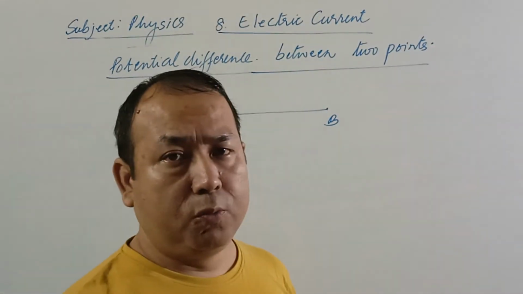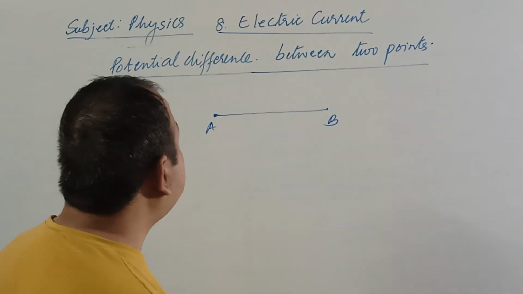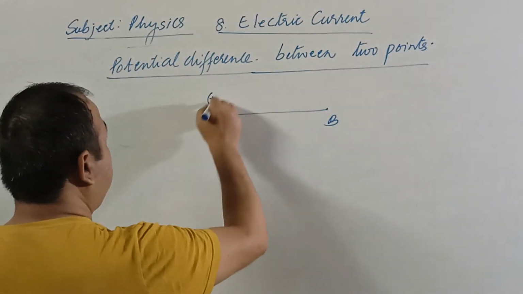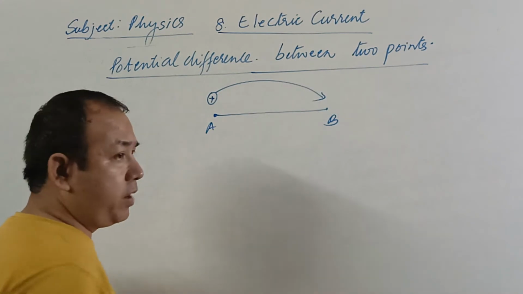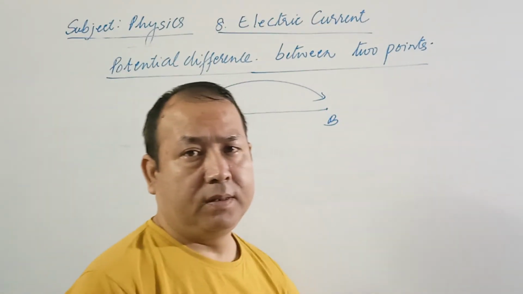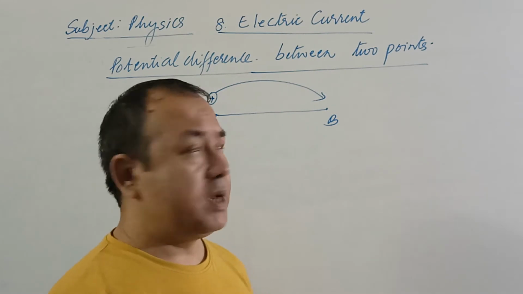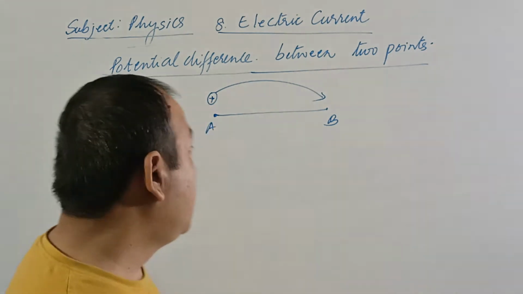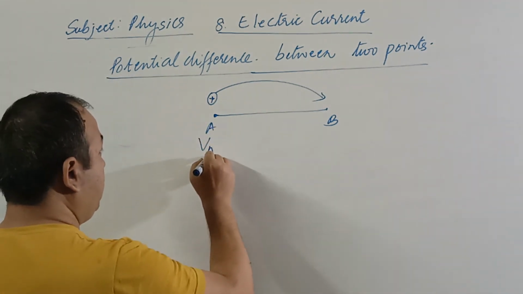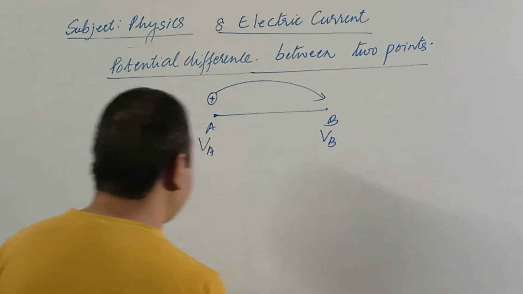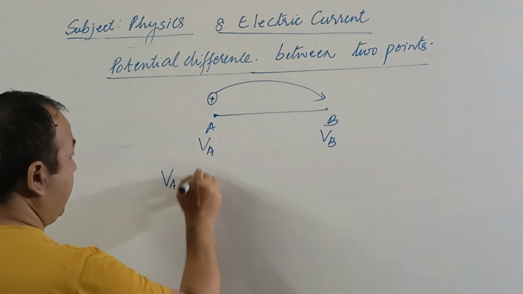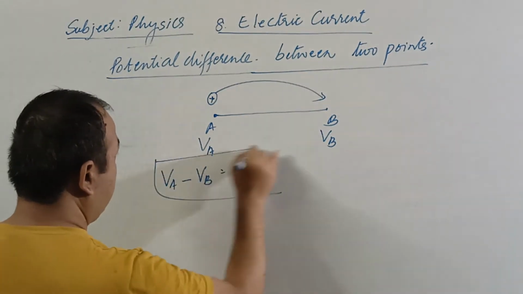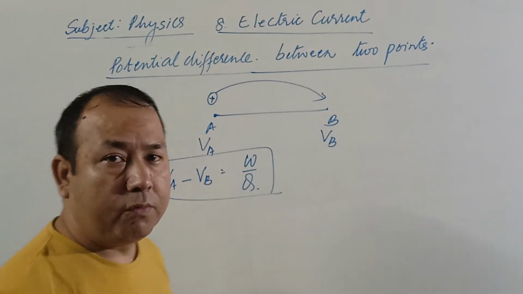The potential difference between the 2 points of the conductor is the amount of work done to bring a unit positive charge from one point to the other point. If the potential at this point is VA and at this point VB, then the potential difference is given by VA minus VB equal to W by Q.